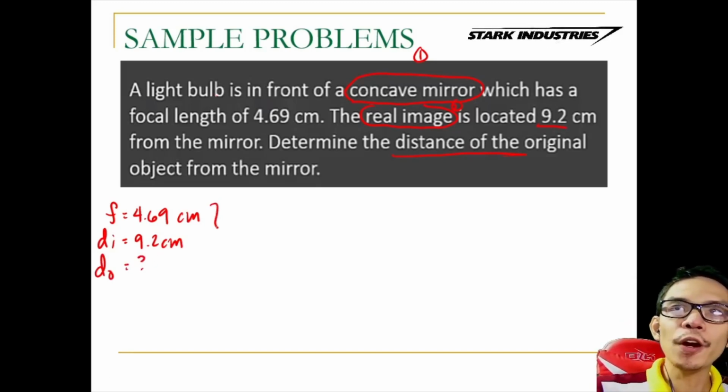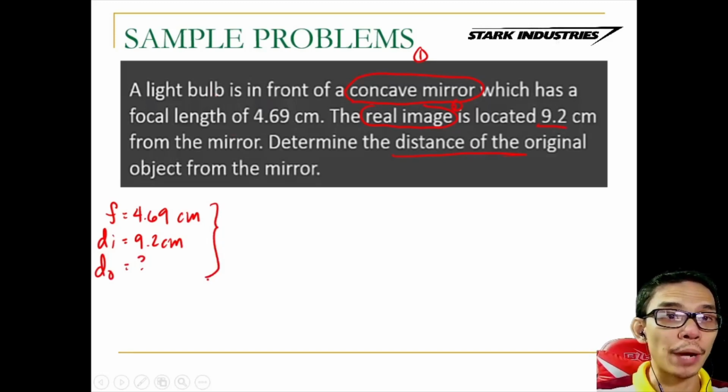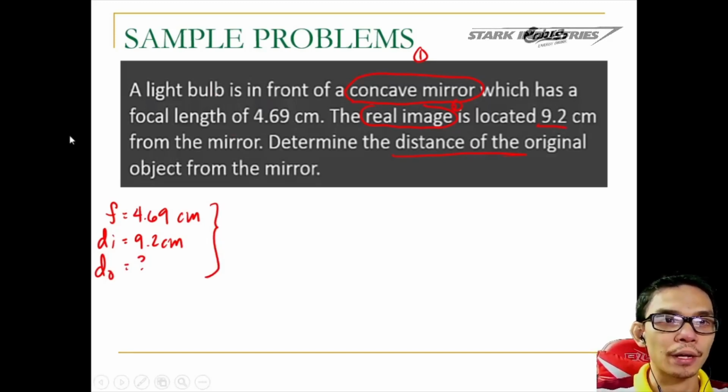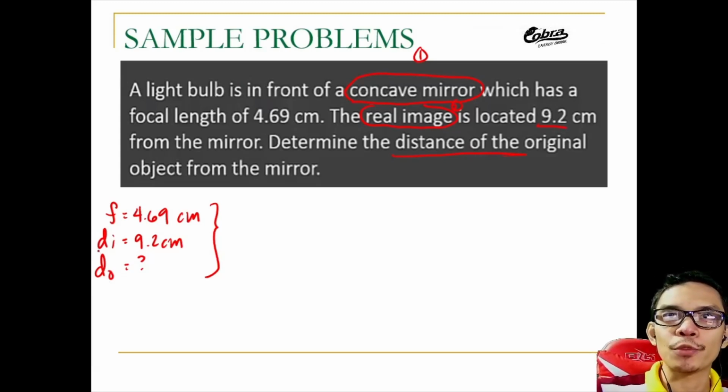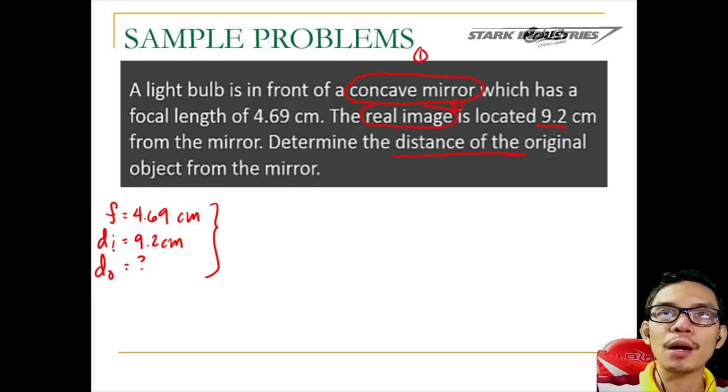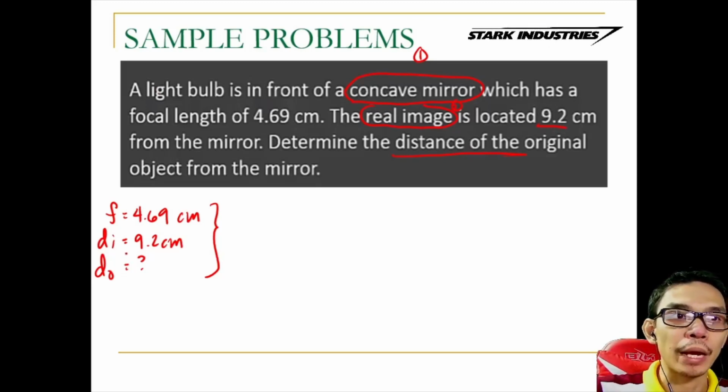Now, before we continue, let's check first if our data is correct. The real image was formed, so that was the distance of the image. Did we forget some sign here? I think we did not forget anything. It is correct.